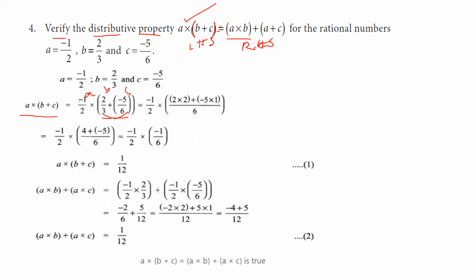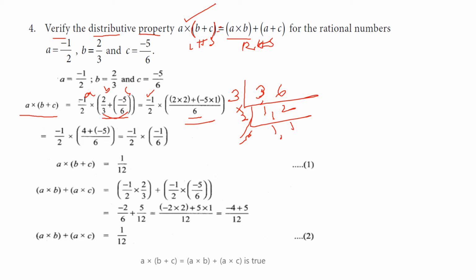3, 6. So 3, 1, 3 is 3, 2, 3s are 6. So 2, 1, 2 1s are 2. 3 2s are 6 is the LCM. 6. First you write minus 1 by 2, into 6, write the denominator.